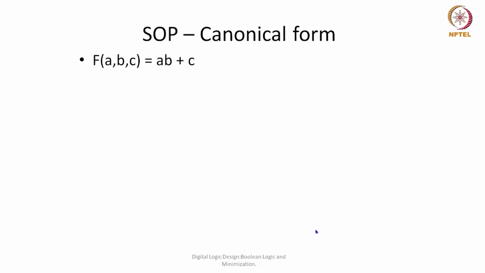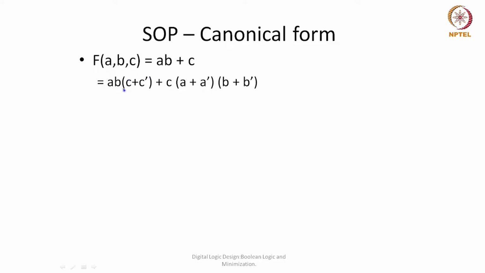Let us say we have the function ab plus c. It has three variables, a, b and c. Now if I want this canonical representation, then each product term has to have all the variables. So I will multiply ab with 1, and 1 also means c plus c dash.